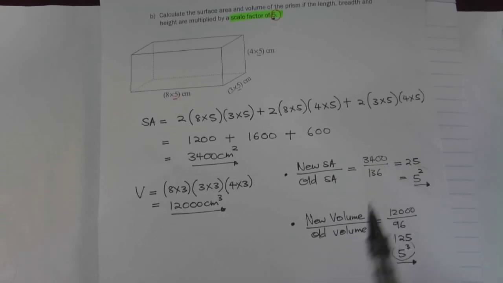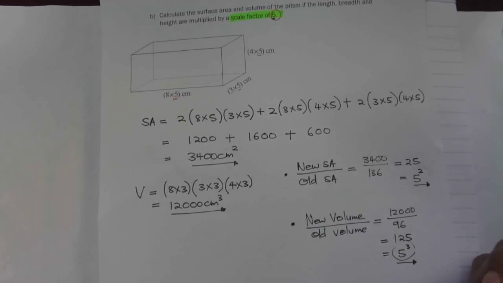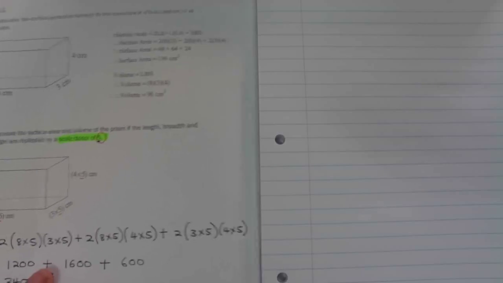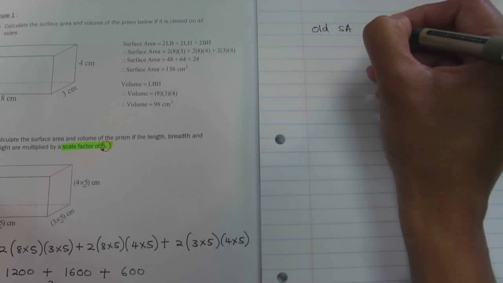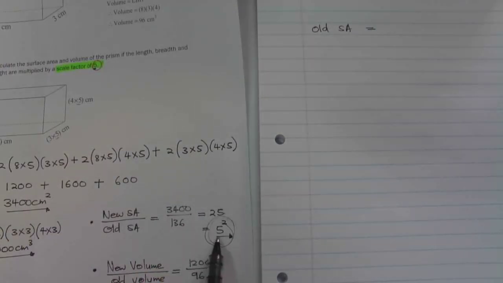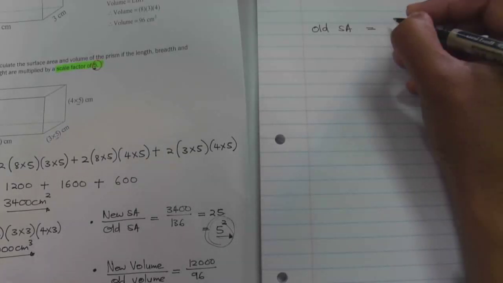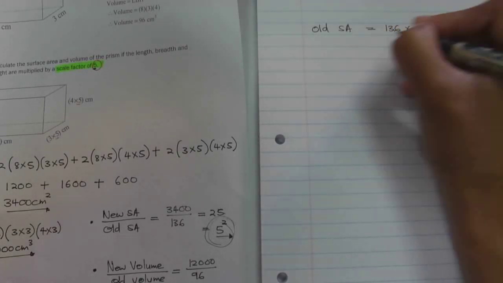Now, instead of doing all of this calculation, it's quite simple actually if you recall this here. Now I'm going to show you how we use the 5 squared. So let's take the old area, the old surface area. As we looked here, we saw that the change is 5 squared. So if I take my old area, which is 136, and if I multiply it by 5 squared, what will I get?